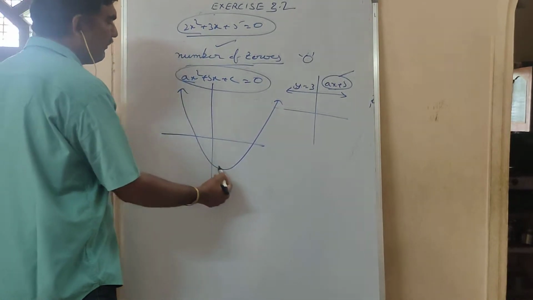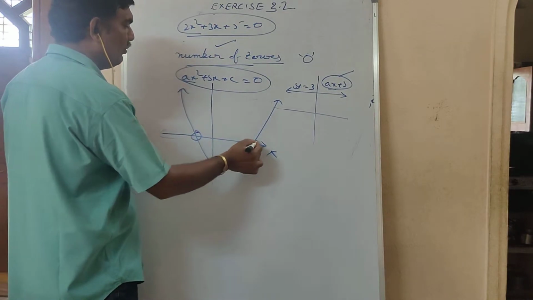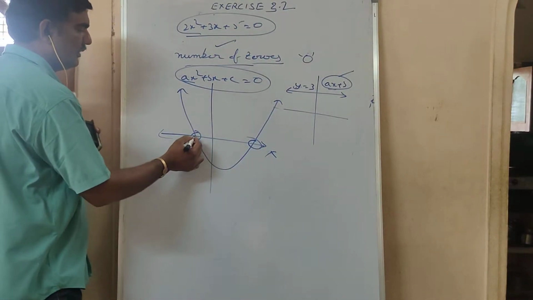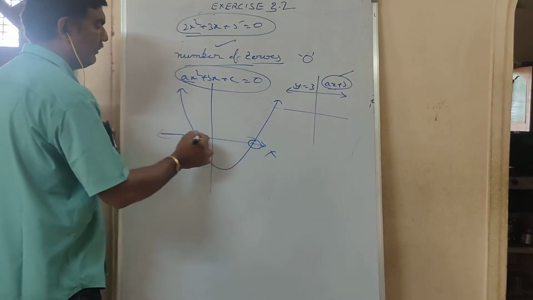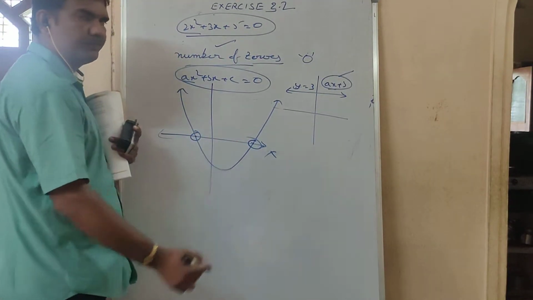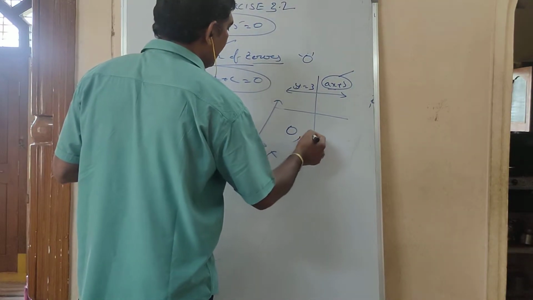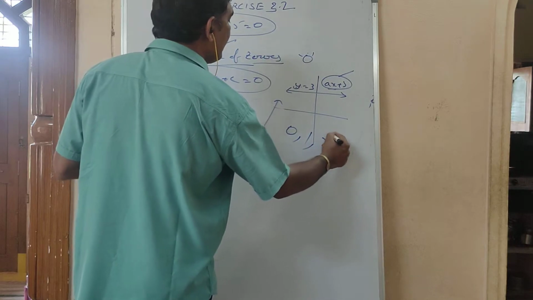So this graph is intersecting the x-axis at how many points? Here 1 point, here 1 point. Maximum number of zeros will be 2. Sometimes 0 will be there, sometimes 1, sometimes 2.